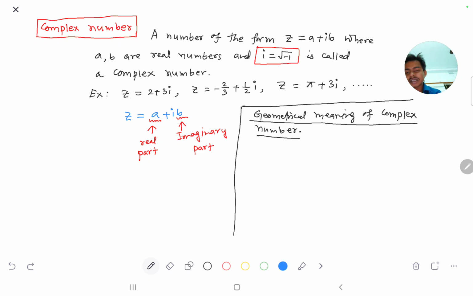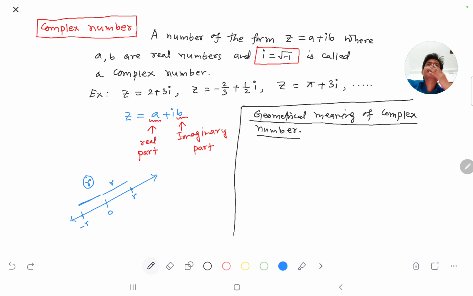If you consider the real line and I give you a real number r, here you have 0, then if r is positive, you take it to the right side of the origin. So this length is r, and this point will represent r. If r is negative, then it will be to the left-hand side of the origin. So we move to the left side by the absolute value of r length.